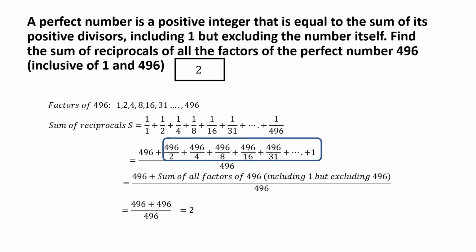And note that in this particular method, we have found the sum of reciprocals of all the factors of 496 without even listing all the factors term by term, or even without knowing how many factors there are. We didn't even utilize that information. I just listed some, and like I said, there are many more factors which I haven't included.